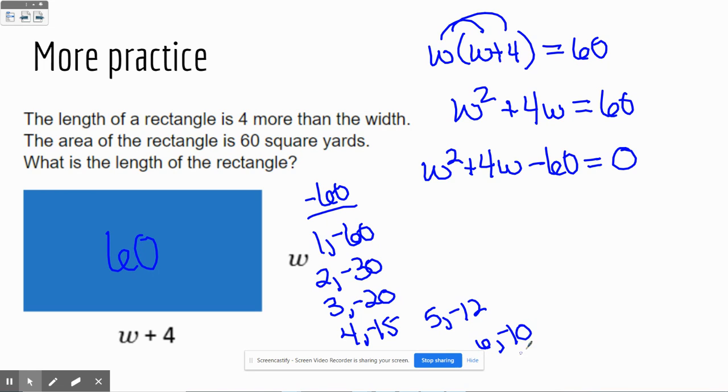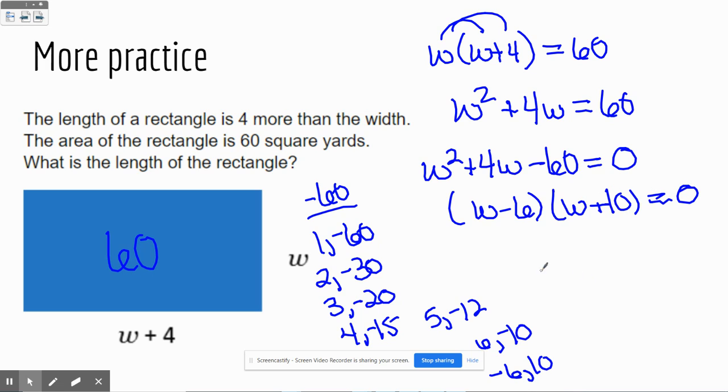That gives me -4. I need a +4, so -6 and +10. So we have a W minus 6 and a W plus 10. That equals 0. So that means W equals 6 or -10. But think about what we're talking about. We're talking about the width. Can you have -10 as a width? Heck no, you can't.